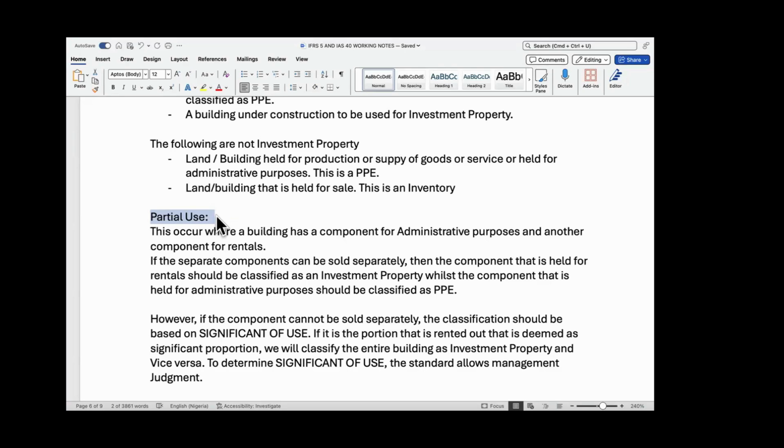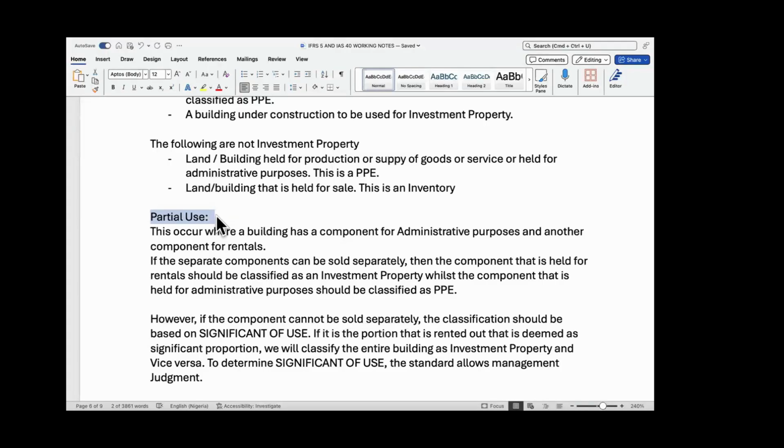IAS 40 states that if the separate components can be sold separately, if you can say, okay, well, this floor, you can sell it out separately, if that can be done in whatever way, then the parts that you're renting out, you can then classify that part as an investment property. While the parts that you're using for administrative purposes, you can classify that as PPE.